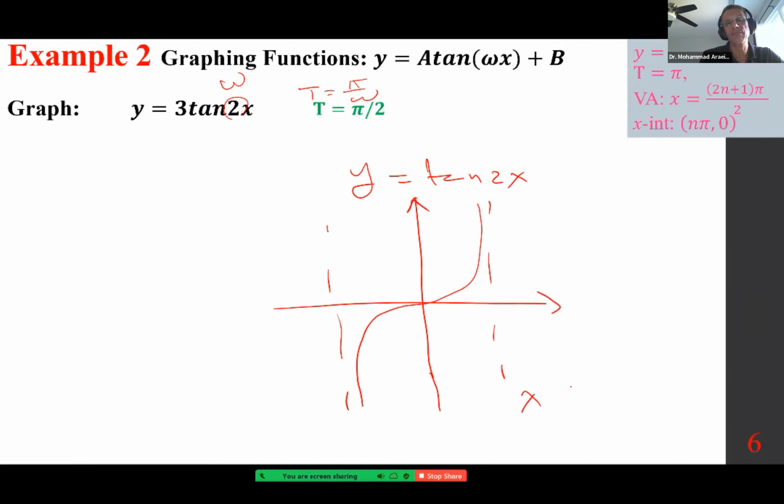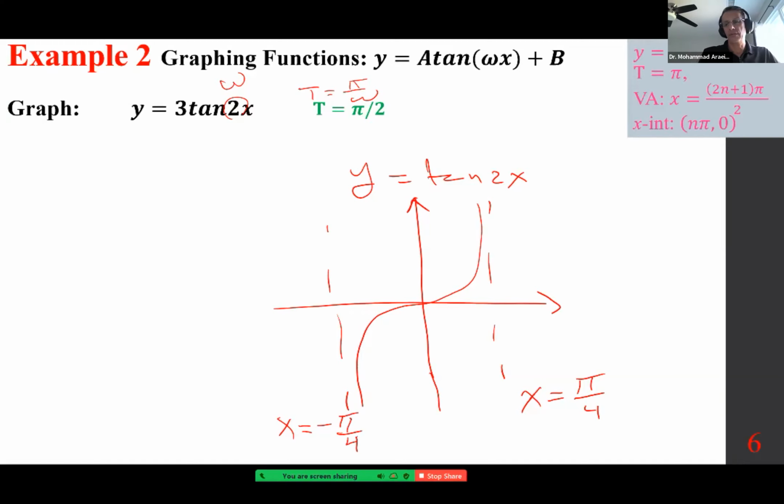This x is pi over 4. This is negative pi over 4. So I want to make sure everybody understands what's going on.